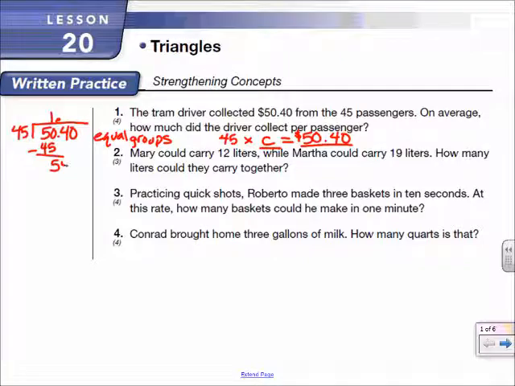Bring down the 4. 45 goes into 54 once. 1 times 45 is 45. 54 minus 45 is 9. Bring the 0 down. 45 goes into 90 2 times. 2 times 45 is 90. 90 minus 90 is 0. That's how I know I'm done. So the cost per passenger on average would have been $1.12.